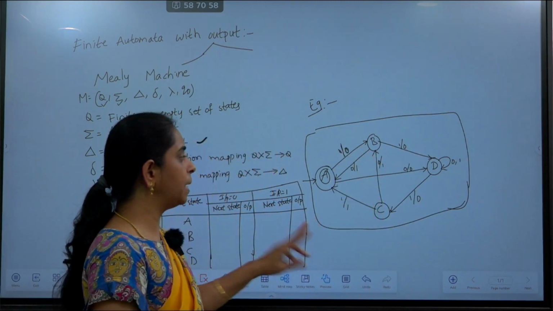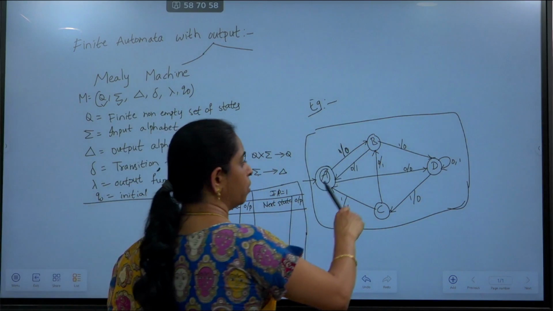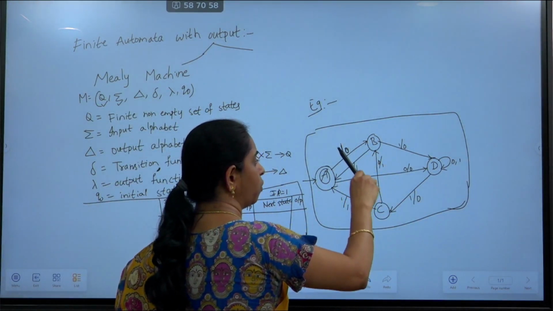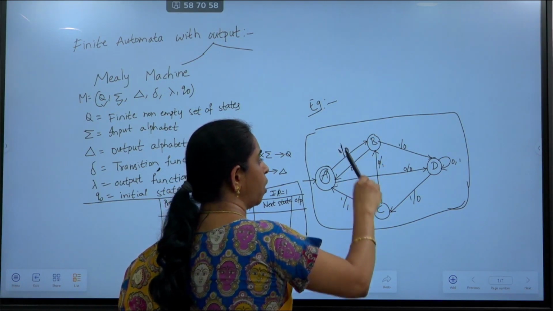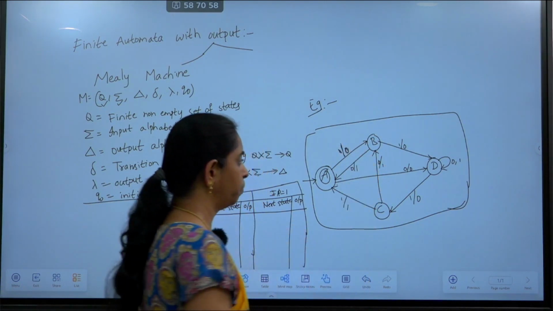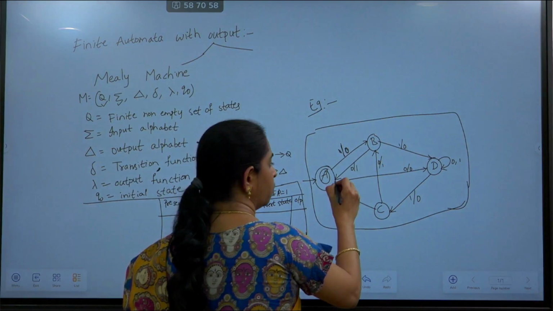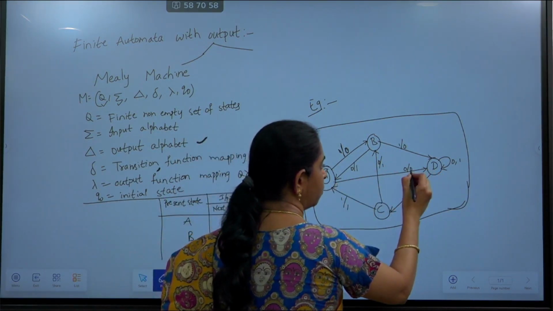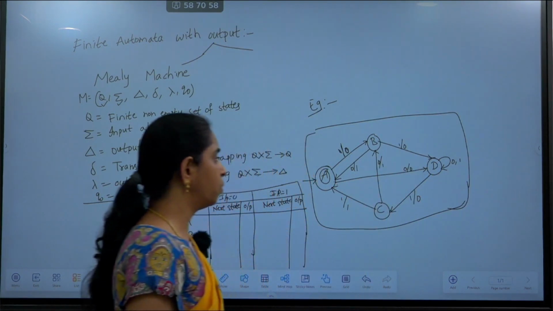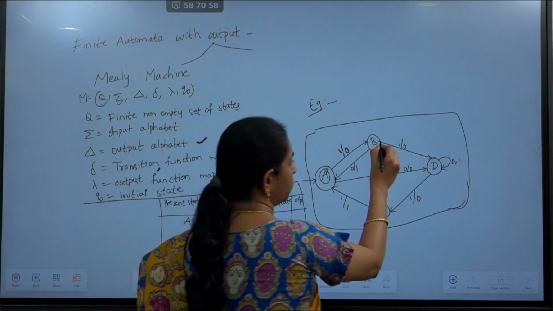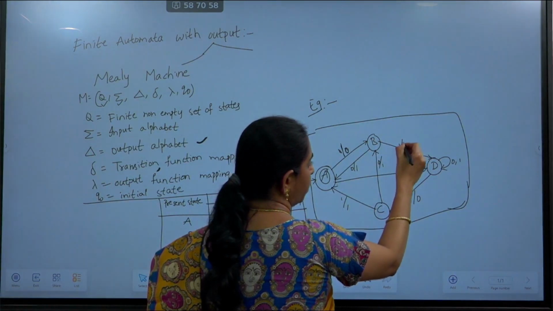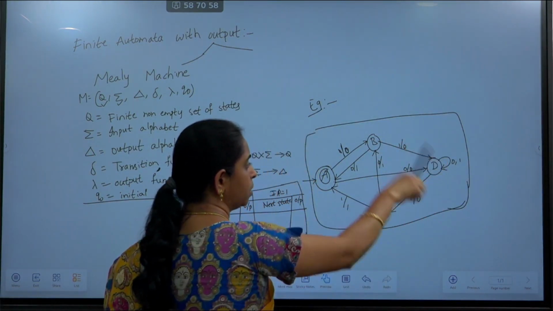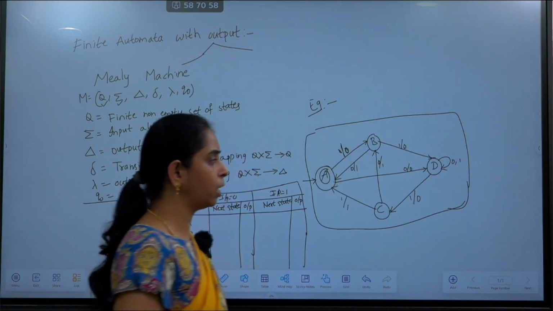Here, whenever we transition from A to B on input 1, we have the output 0. The same, whenever we have input 0, the next state is D and the output is 0. Next, coming to B, on input 1 the output is 0 when transitioning to D. This is the example diagram that we have taken.